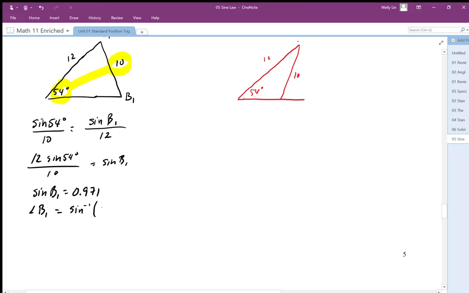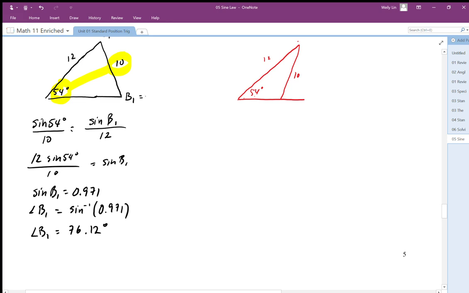The input is my ratio, the output is my angle. So I do second sine, and I get 76.12 degrees. So angle B1 is equal to 76.12 degrees.